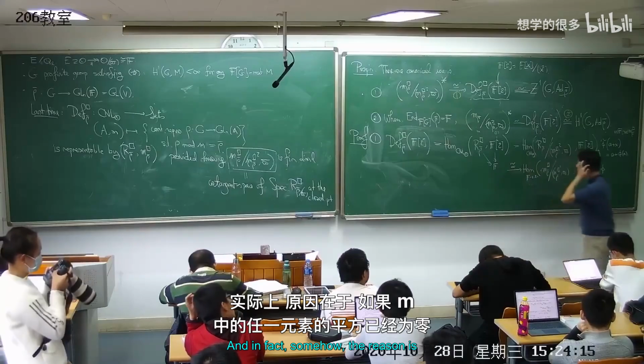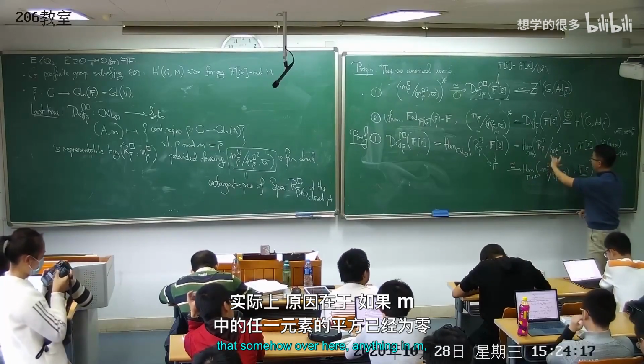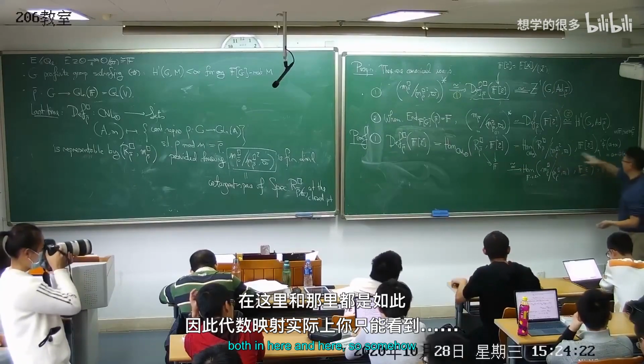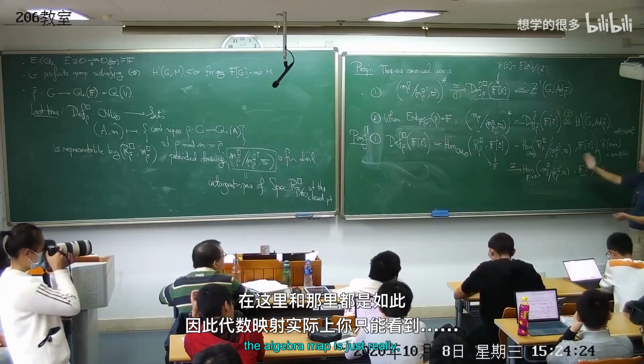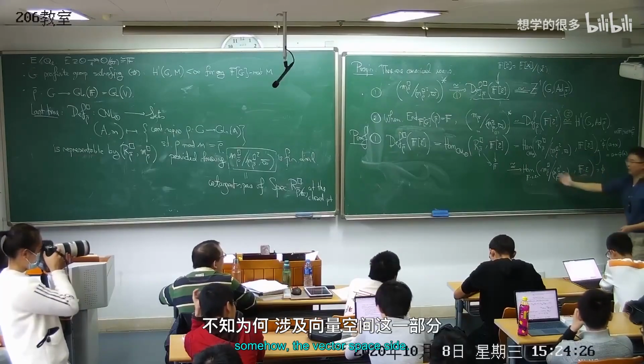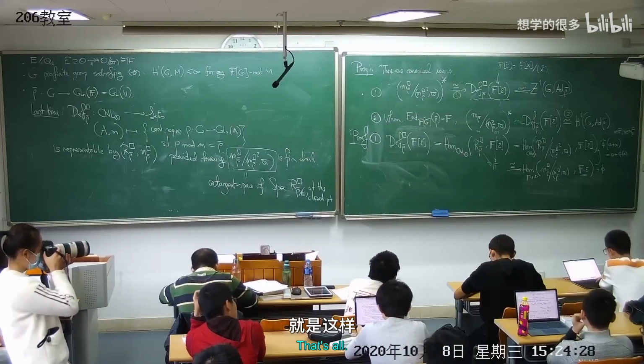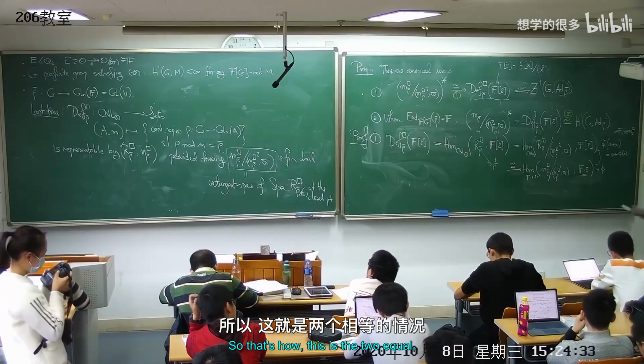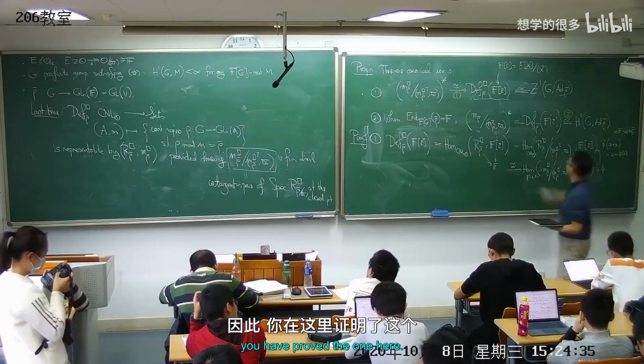The reason is that anything in M has square already 0, both here and here, so the algebra map only sees the vector space side. That's all. So that's just the two equalities. Therefore you have proved the first one.